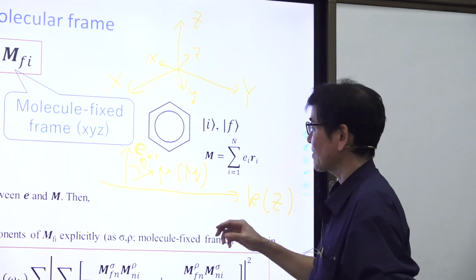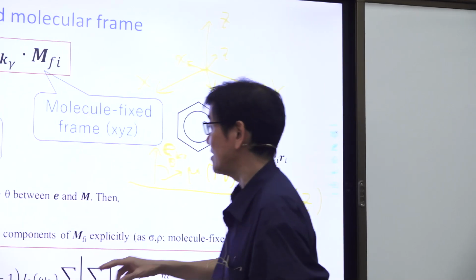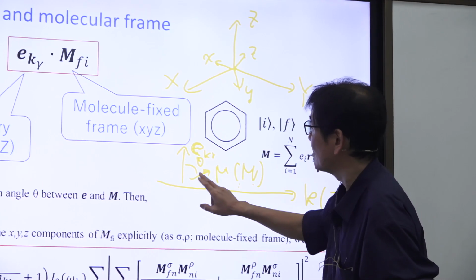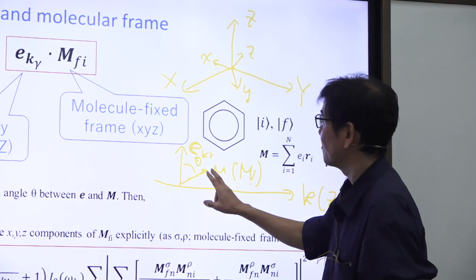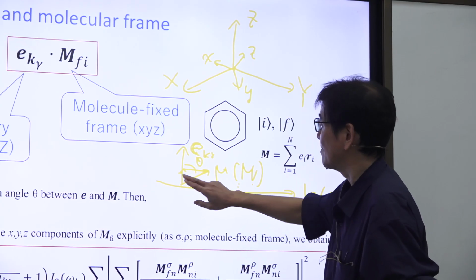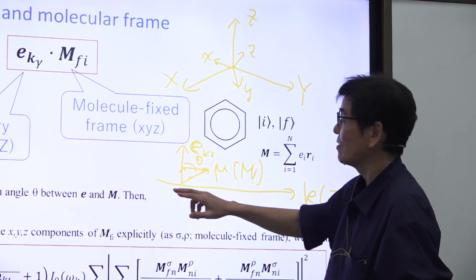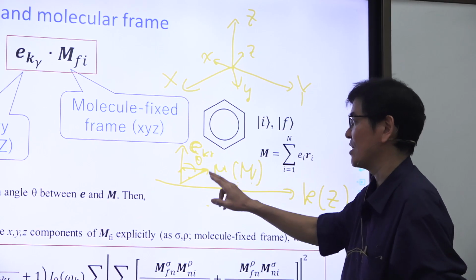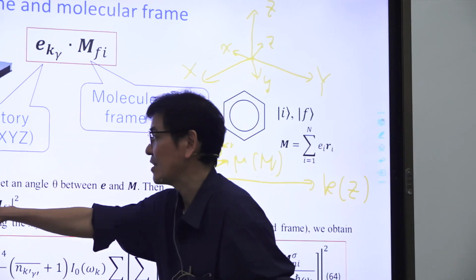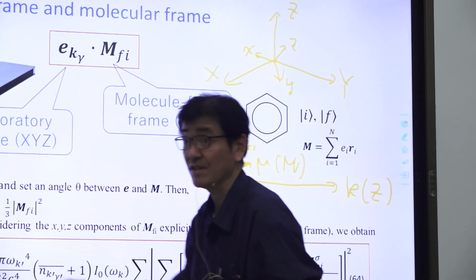By considering cosine theta, we can calculate the inner product. So cosine theta is introduced here. It's squared, so cosine square theta is introduced here.